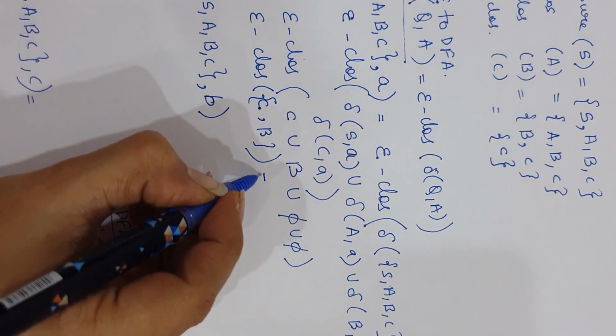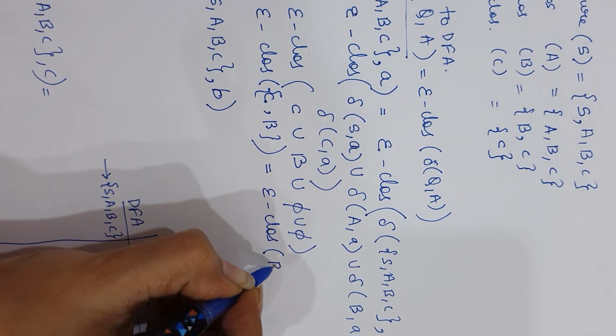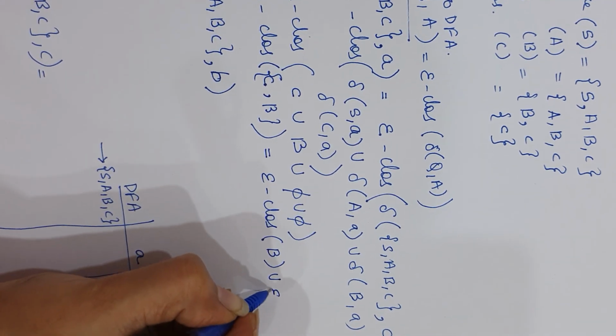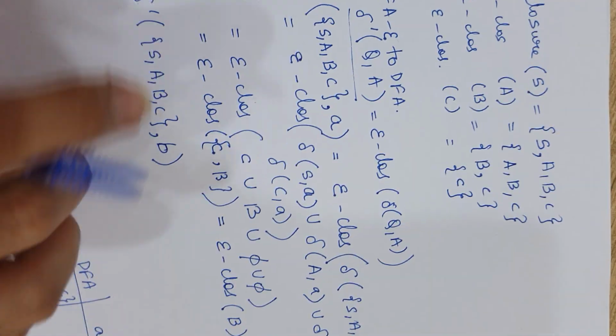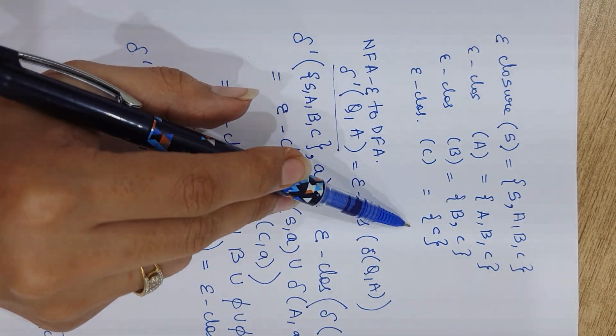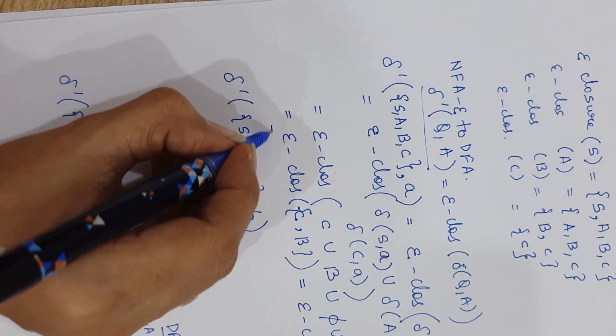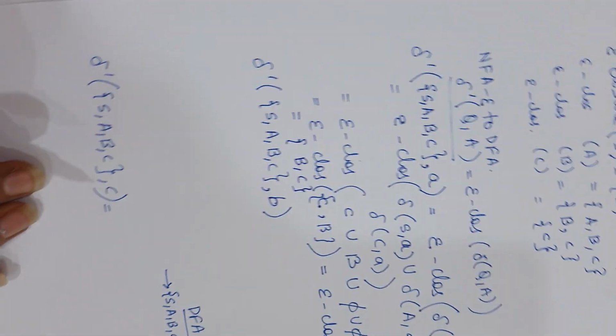Then I will break this and write epsilon closure of B union epsilon closure of C. We have already computed the epsilon closures. This is BC and this is C. So when you take the union, the final answer which we get is BC.